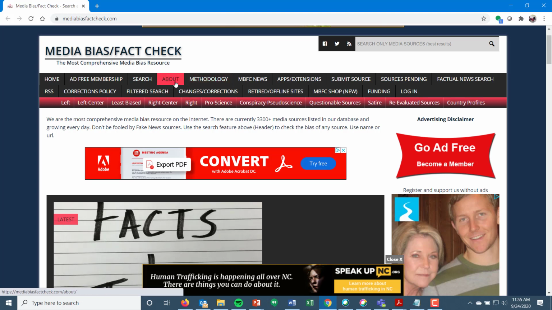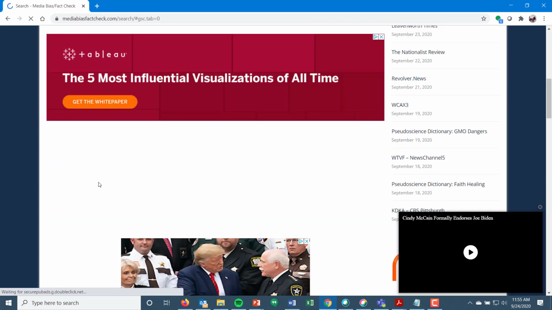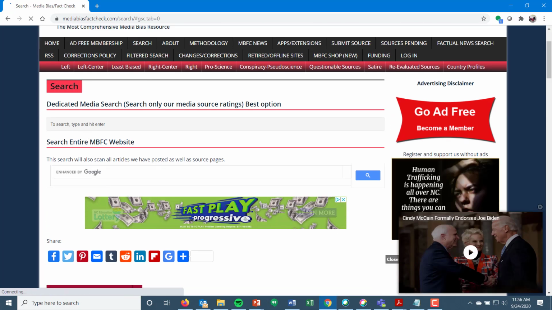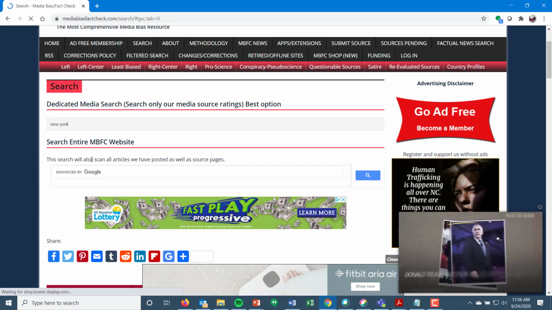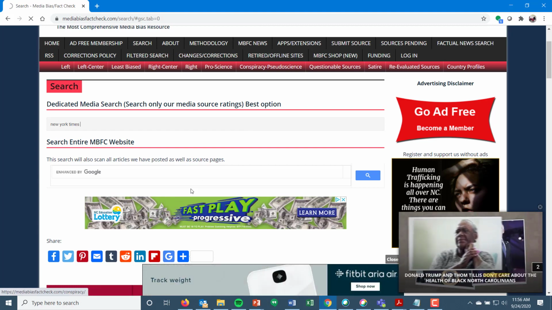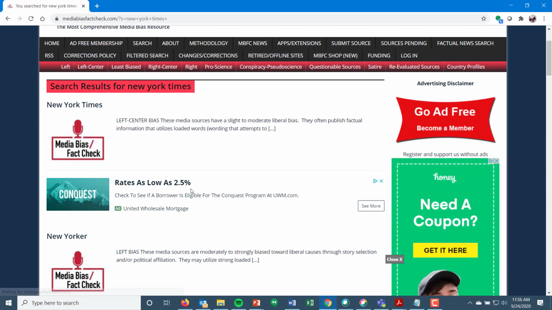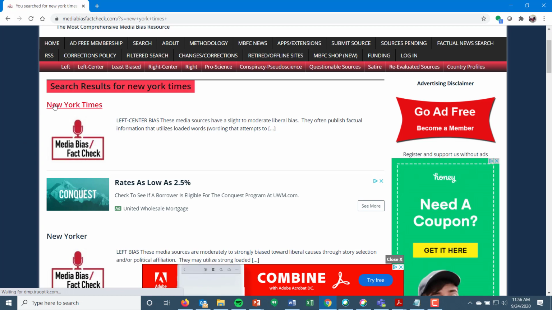You can also look for specific resources. Say we are looking for the New York Times, you can search to say, I'm looking at this newspaper or news media source that I found information about, and I want to know, does it have any sort of bias?